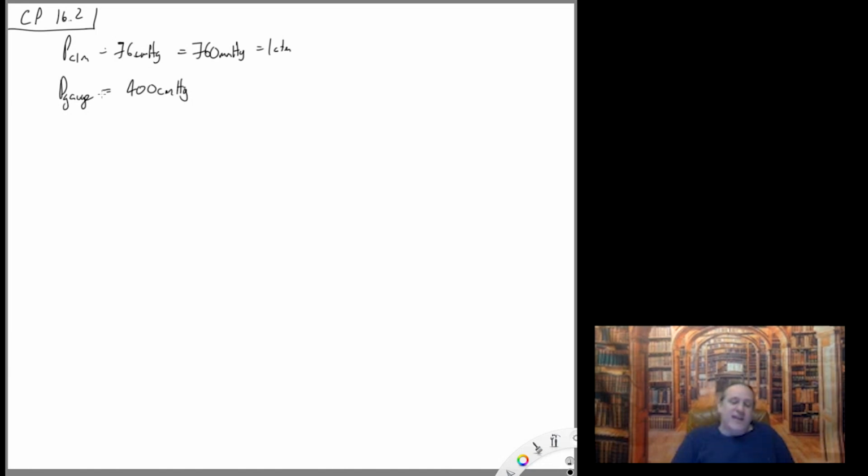So what this is saying is that the pressure inside is 400 centimeters of mercury bigger than the pressure outside. So the absolute pressure would be 476 centimeters of mercury, which I think we can leave like that in this problem, because let's keep reading and see what it wants.